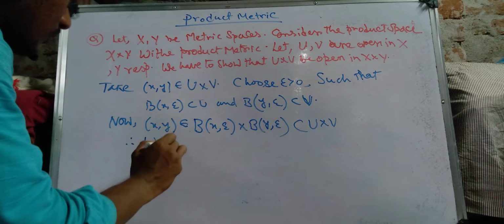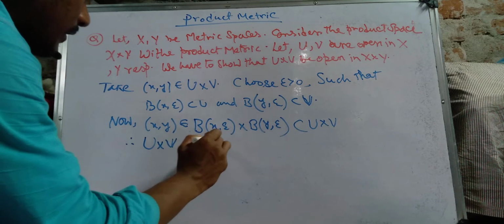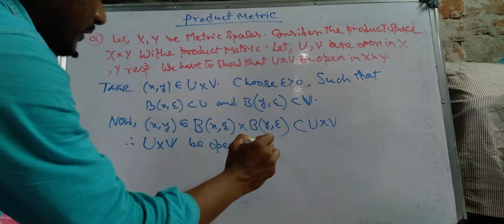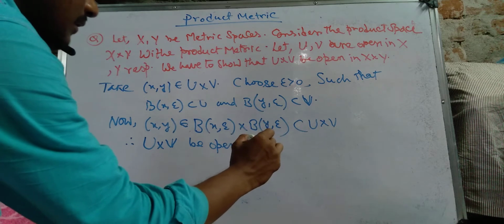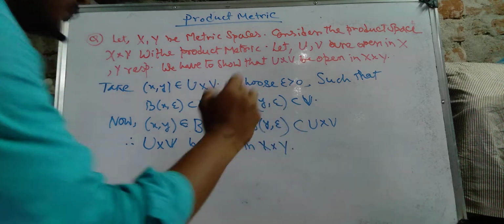We write U Cartesian product V is open in X cross Y.